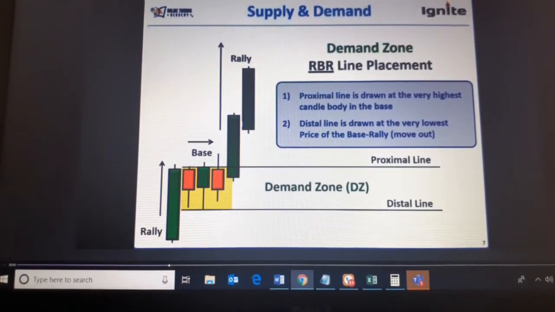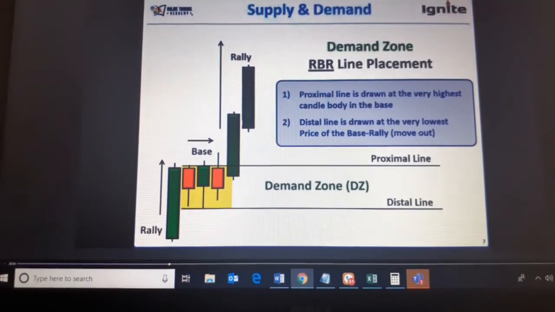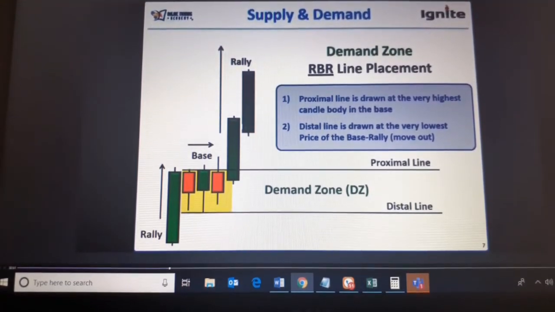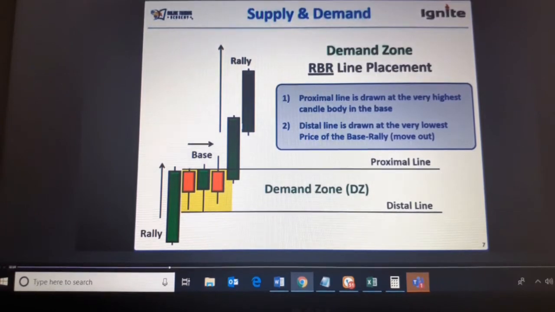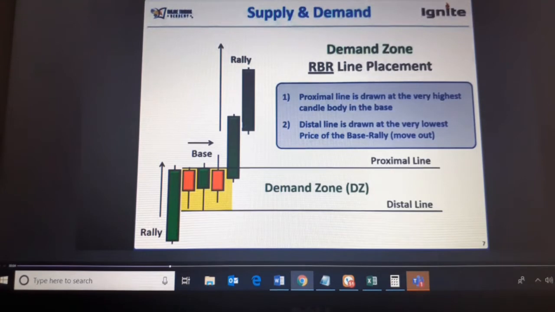Is this clear? How to draw a distal line in case of a continuation pattern? You have to ignore the leg-in wick in case of a continuation pattern.